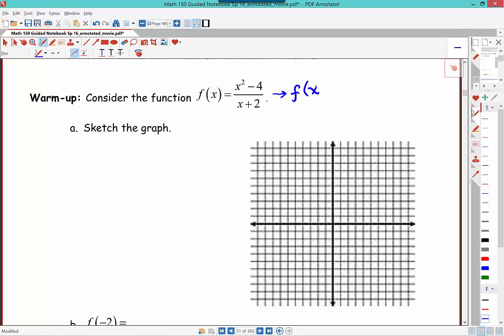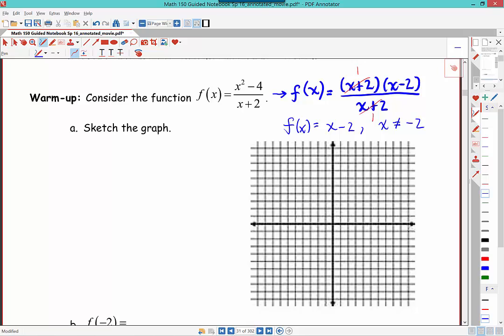So f of x can be rewritten as x plus 2 times x minus 2 divided by x plus 2, which is equivalent to just this line with the added condition that x cannot be equal to -2, because that would zero out the denominator. Perfect.